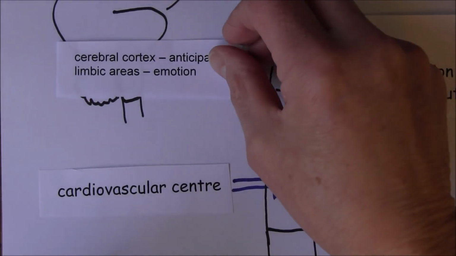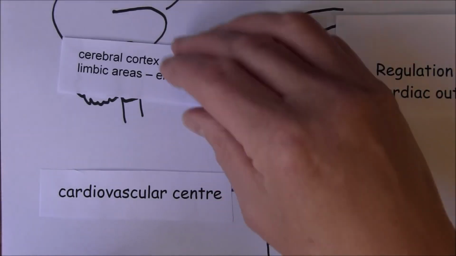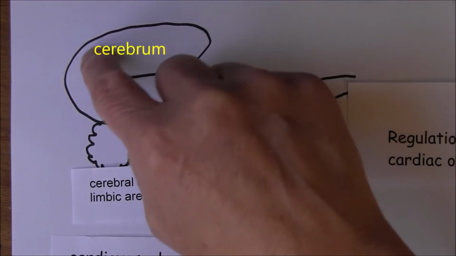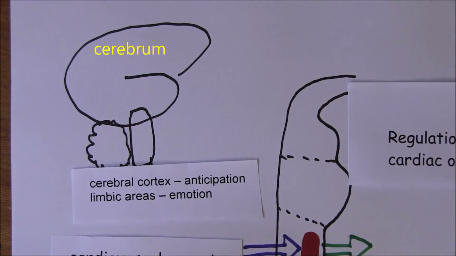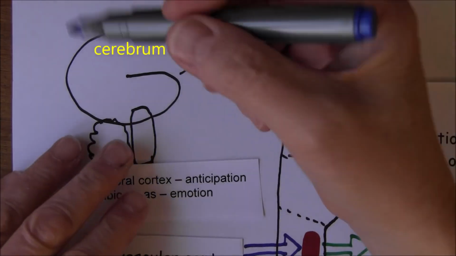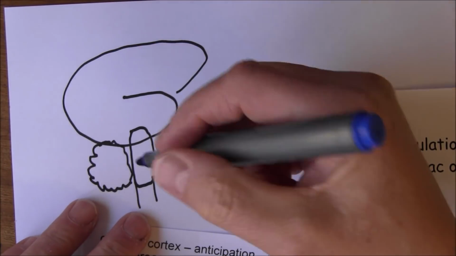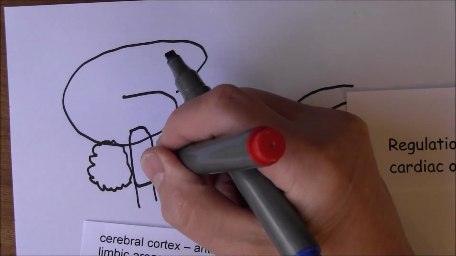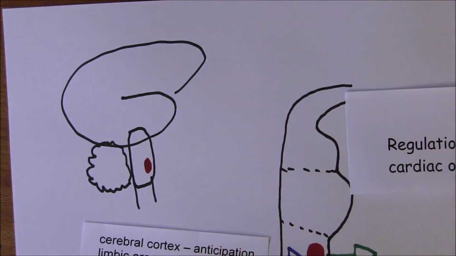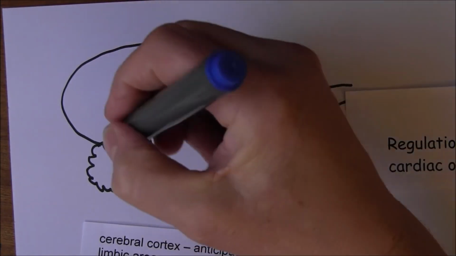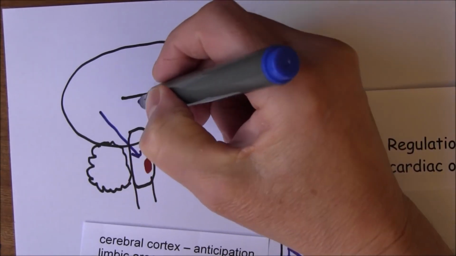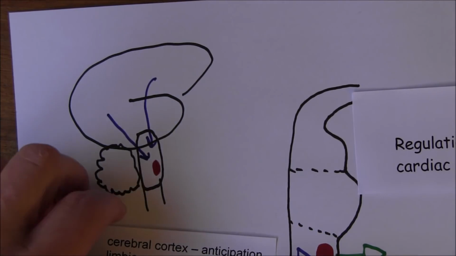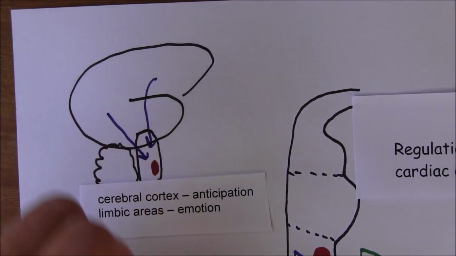There's inputs from above, from the cerebrum, from the upper parts of the brain. So it's receiving inputs from up here. So inputs from up here are going to go down towards, on this diagram that would be the cardiovascular centre there in the medulla oblongata. It's receiving inputs from above, from the upper part of the brain, from the cerebral cortex.